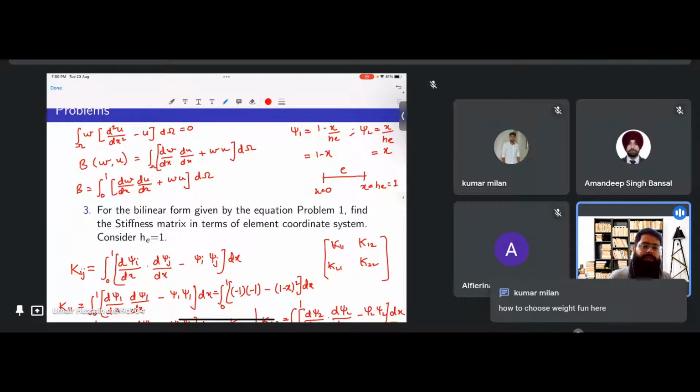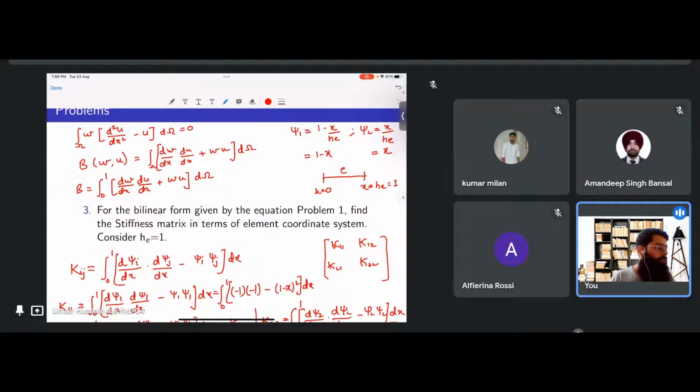How to choose the weight function here? So Kumar, for FEM, the procedure of choosing the shape function is pretty straightforward, and there's a defined method for this. For linear functions, we have derived it earlier, so we are just going to use that.